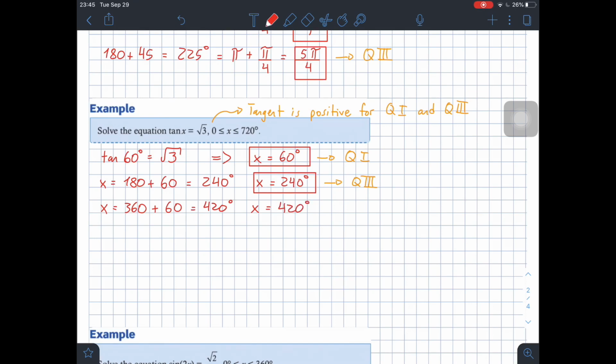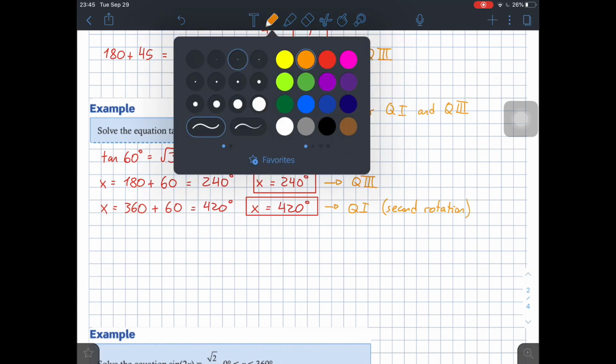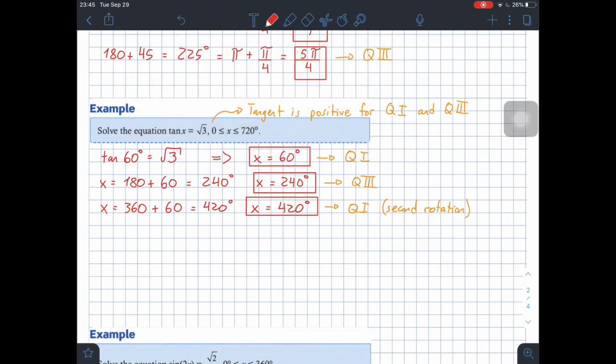And this is found again in quadrant 1, but of the second rotation, right? I'm going to write the declaration here. Second rotation.